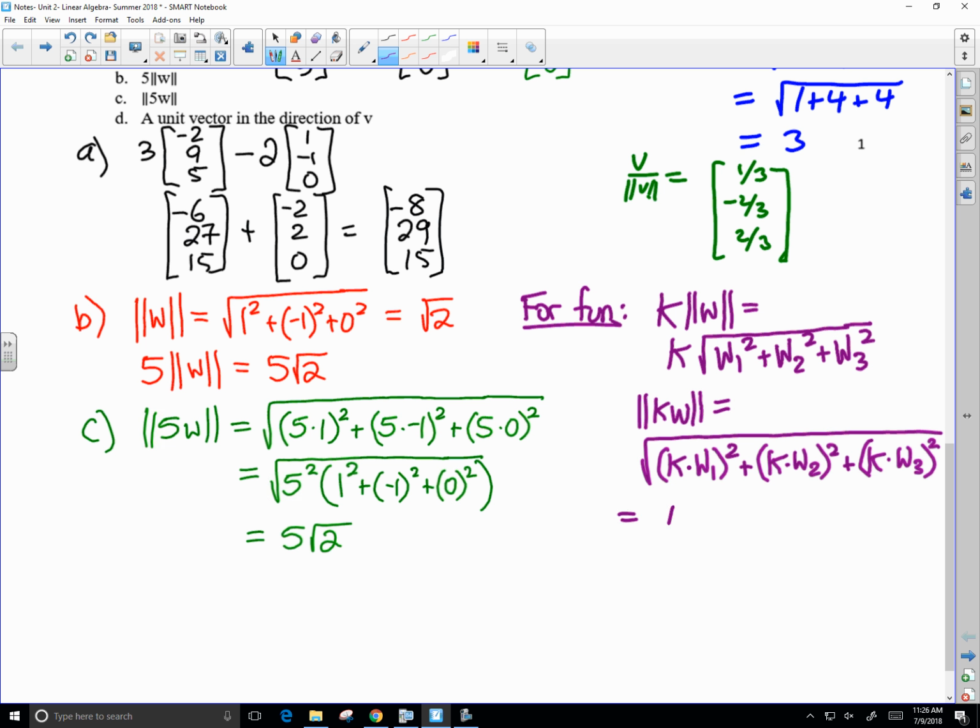Again, GCF of k squared. Factor out, well, we already have a factored out form of k squared, but the root of that, because it's in factor form, would be k.